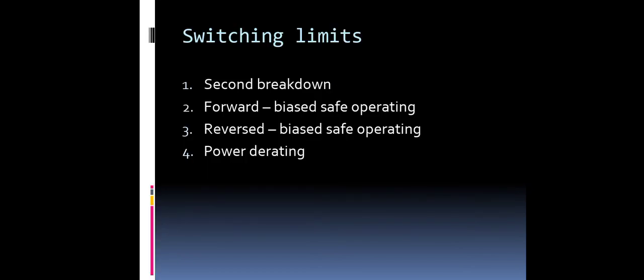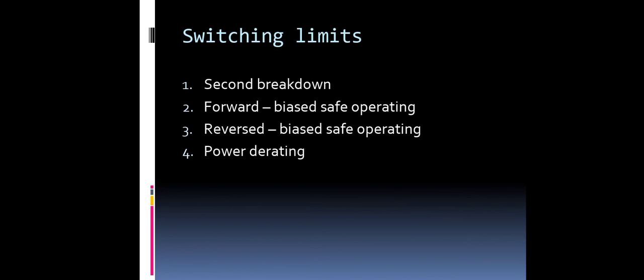Now, next are the switching limits of the transistors. First is the second breakdown. The second breakdown is a disruptive phenomenon where current flows through a small portion of the base.